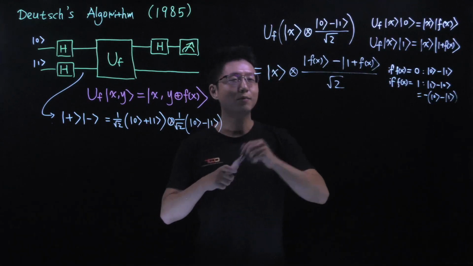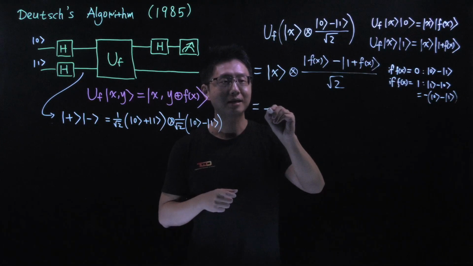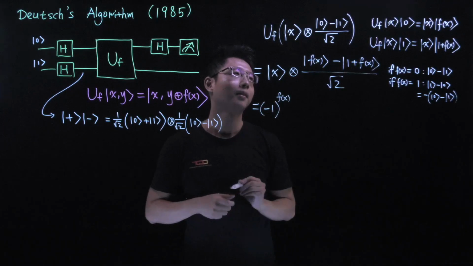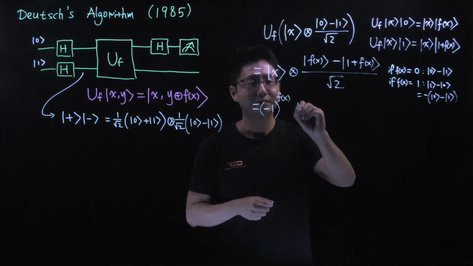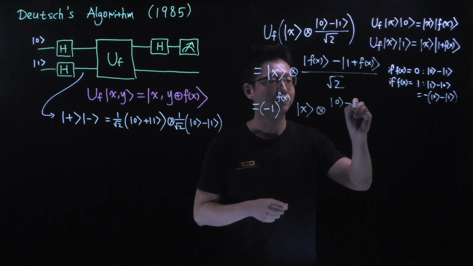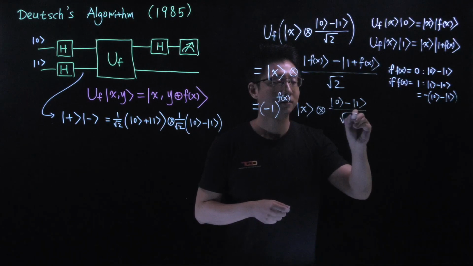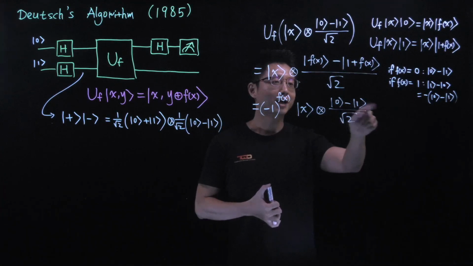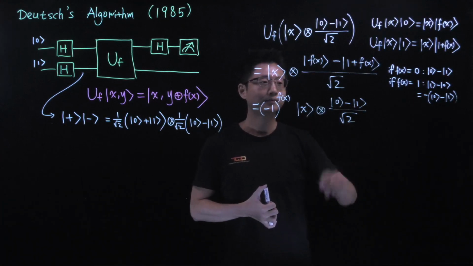So I can write this more compactly as minus 1 to the power of f of x with the rest, which is the x tensor with the 0 minus 1. You can convince yourself that this part is always 0 minus 1 over square root of 2 with the x.